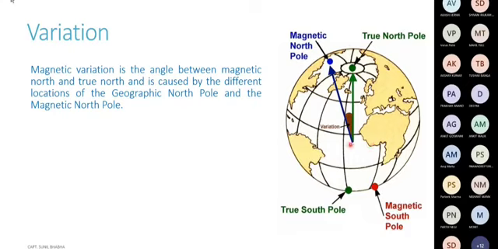So variation, what we are talking about here, is the angle at any particular position on Earth. It is the angle between the magnetic North Pole and the true North Pole. So you can see here in the diagram, this variation is shown as an angle between these 2 poles, the magnetic North Pole and the true North Pole.